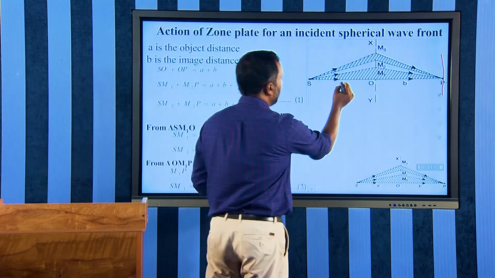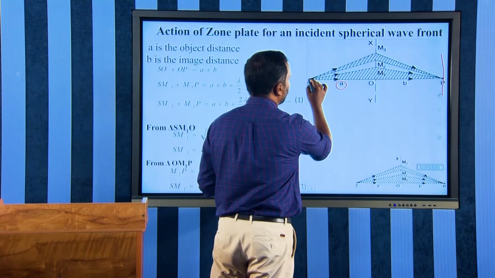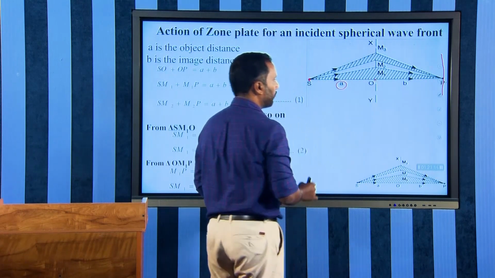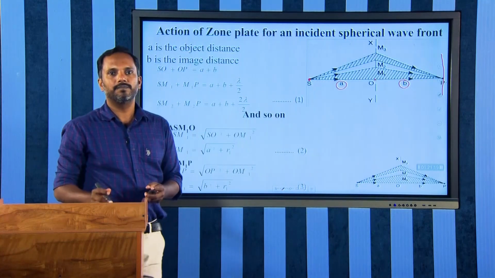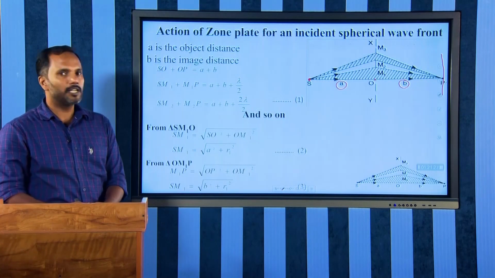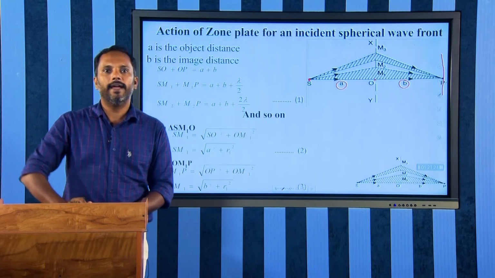Here A is the object distance, that means from the source to the zone plate, and B is the image distance, that is the distance between the plate and the screen.